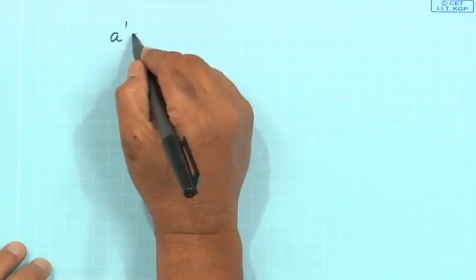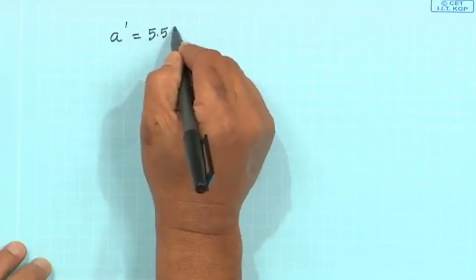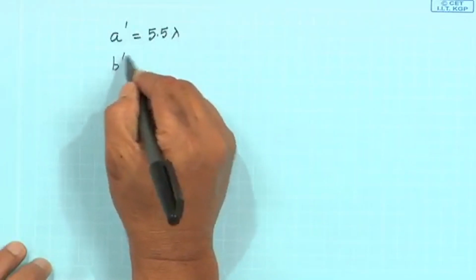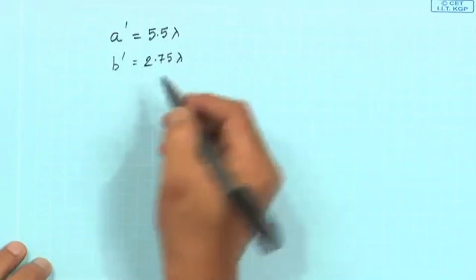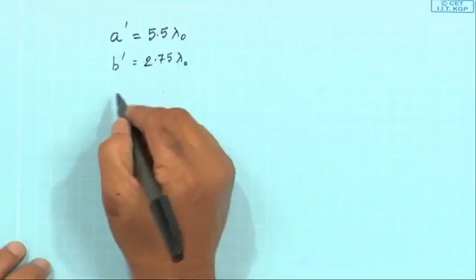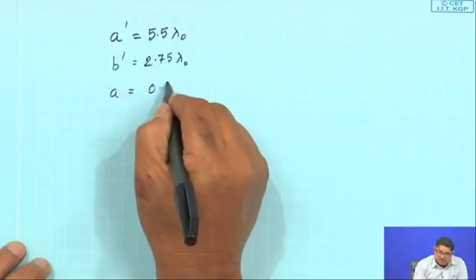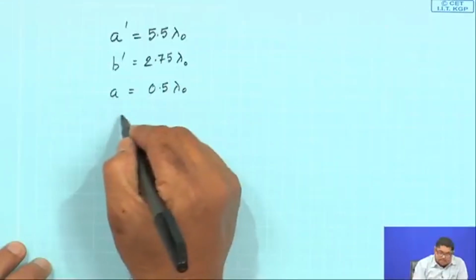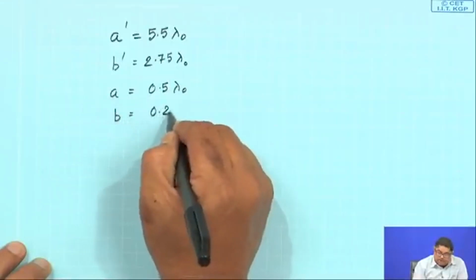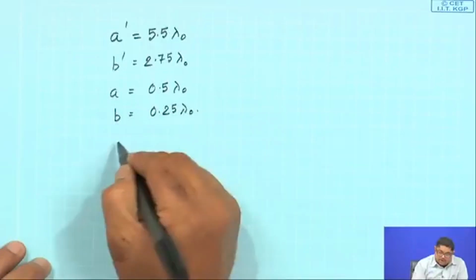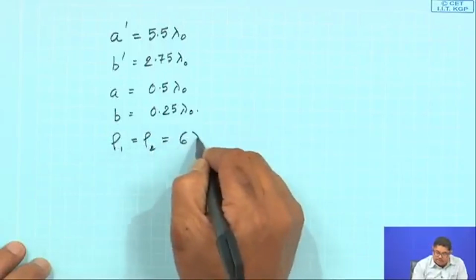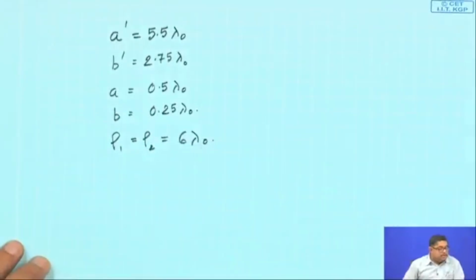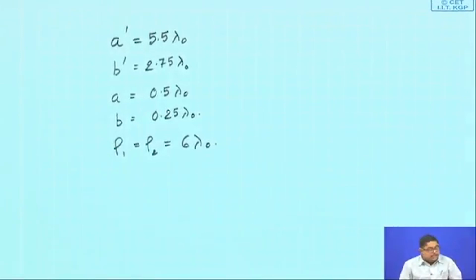A dashed is 5.5 lambda, B dashed is 2.75 lambda, lambda or lambda naught, whatever you say. A is 0.5 lambda naught, B is 0.25 lambda naught, rho 1 is equal to rho 2 is equal to 6 lambda naught. Check to see if such a horn can be constructed physically.